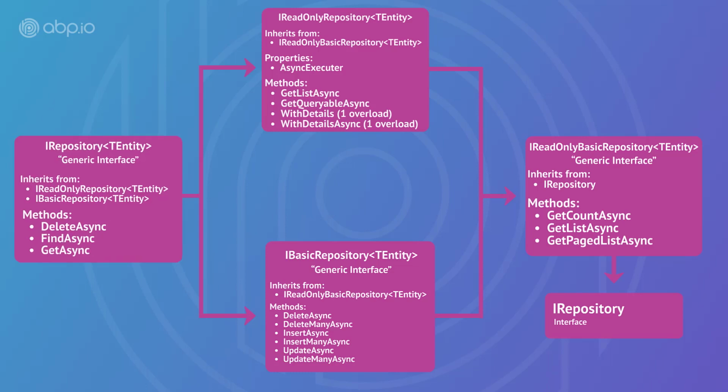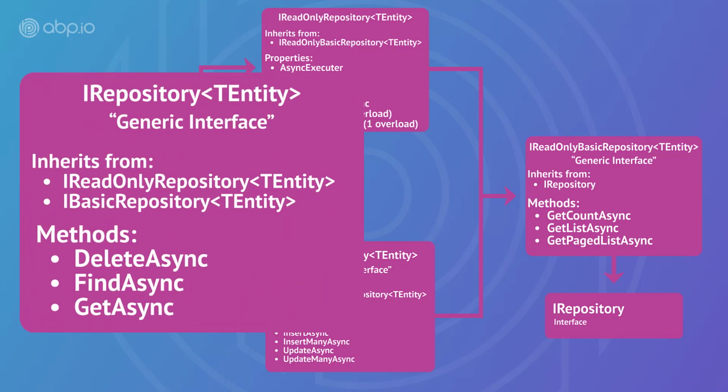Now, if we look closely, the IRepository is the main repository that we usually use. It inherits from most of the other repositories, and it also supports the IQueryable, and it's all good, right? But let's suppose that we are creating a reusable module, and the database provider does not support the IQueryable.